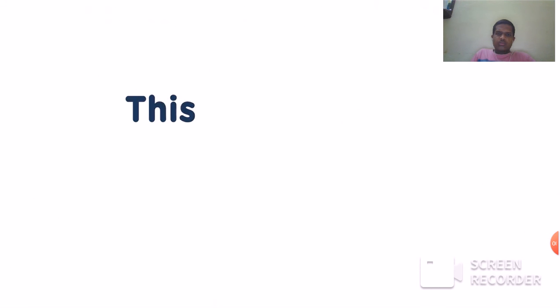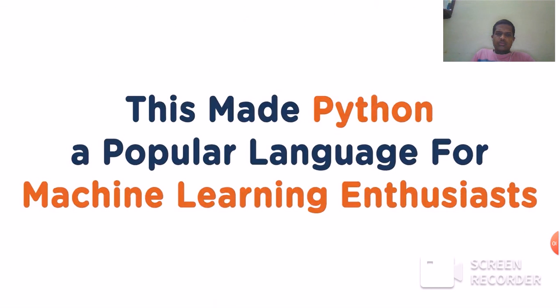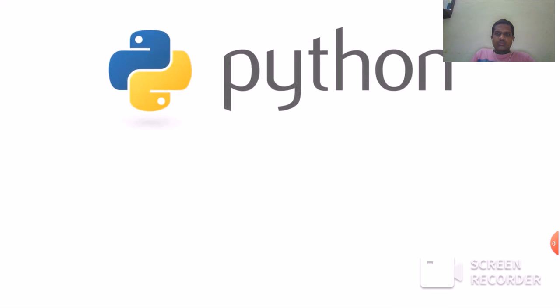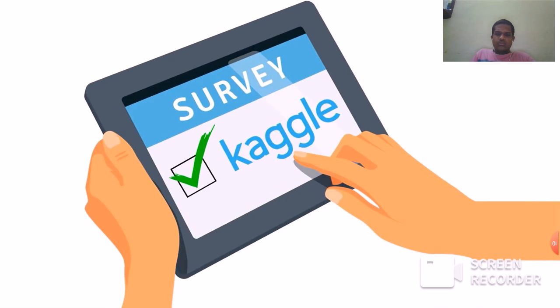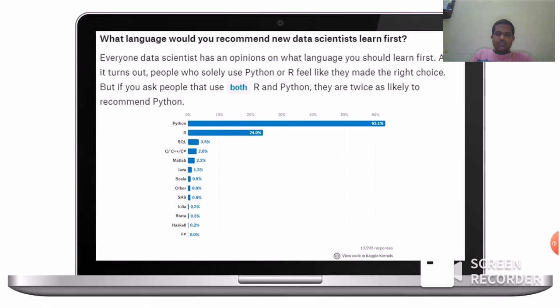This has also contributed towards making Python a popular language for machine learning enthusiasts. The way the popularity of Python is overtaking R is evident from the survey conducted on Kaggle for data scientists. To make our point on why it is important to learn data science using Python, we will leave you with this extract from the Kaggle Data Science Survey 2017.